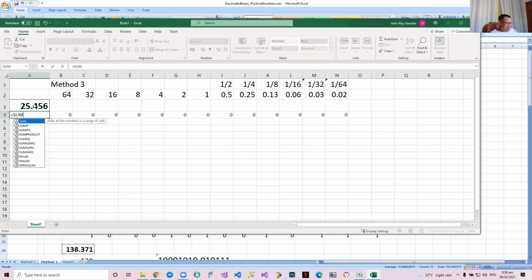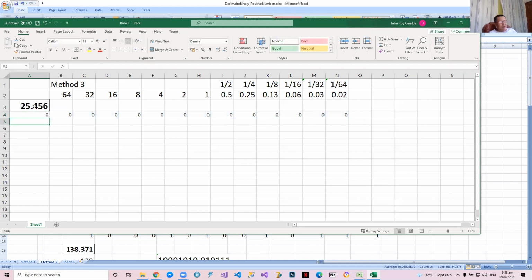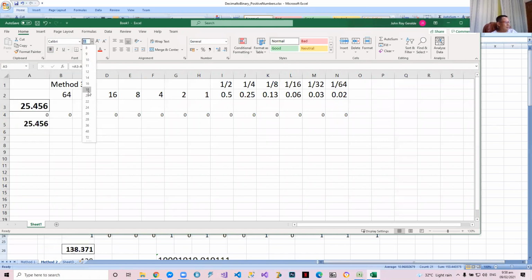Equals sum. I'm going to upload this formula anyway, no? Summation of this. Okay, they follow. And now we will subtract this 24 minus 0, because the sum of all this is still 0. It's equal to 24.456. Let me just highlight this.